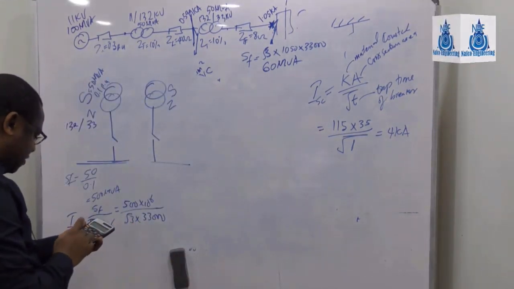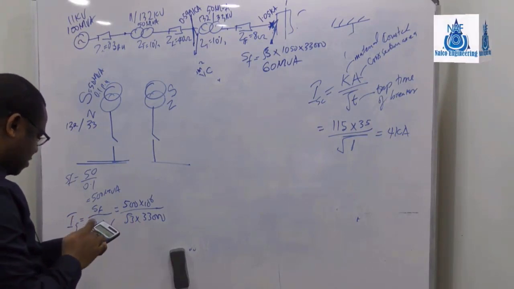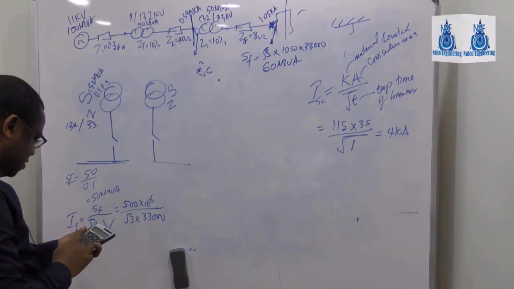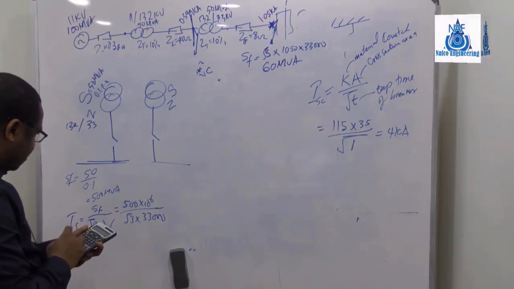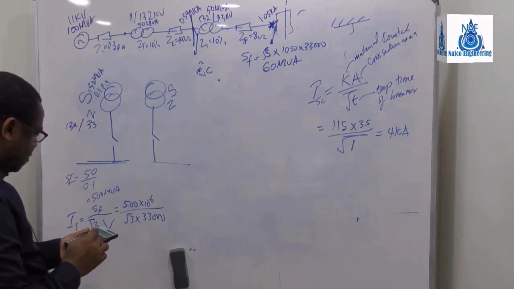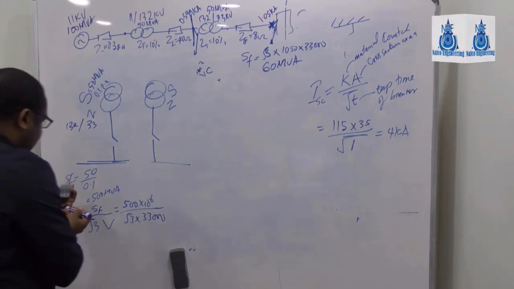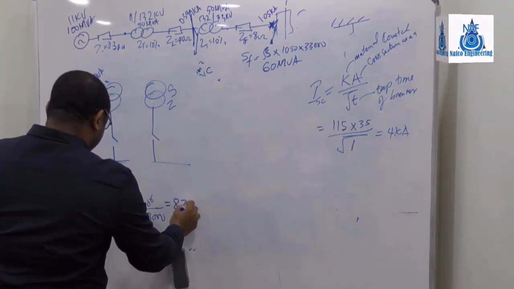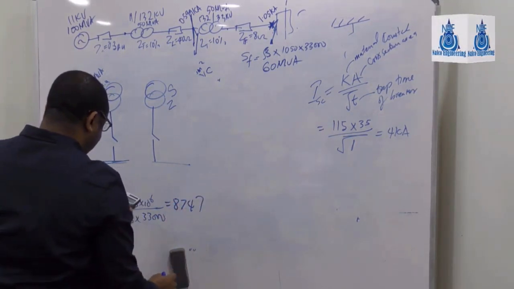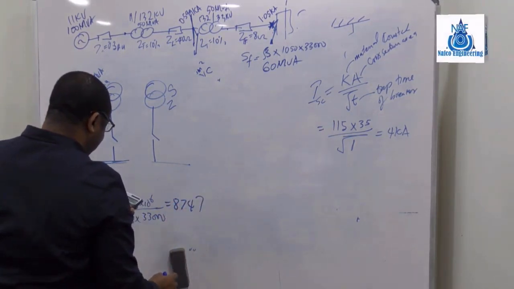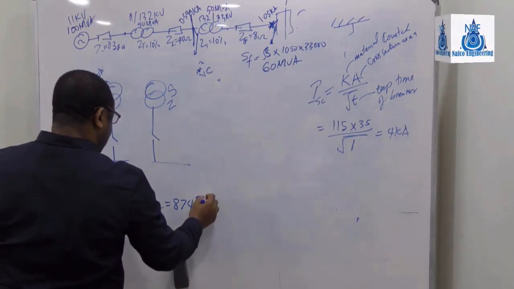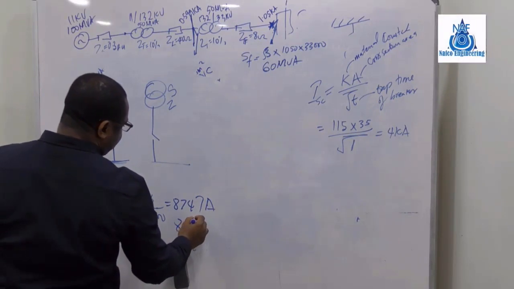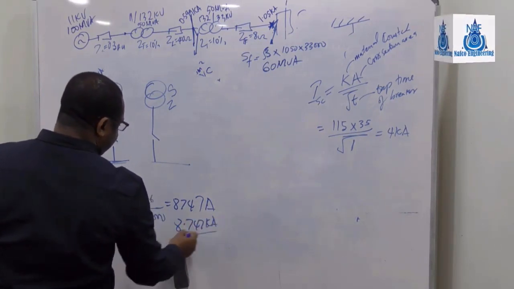So you get 500 exponent 6 divided by root 3 divided by 33,000, which is 8747 amps, that is 8.747 kilo amps.